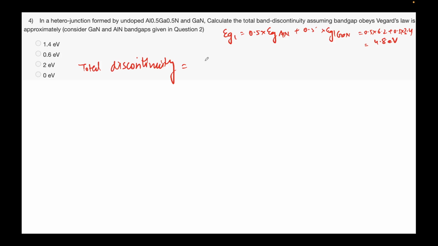It will simply be the difference between the band gaps of the two semiconductors. So in this case, it will be 4.8 eV minus 3.4 eV. That's 1.4 eV. Where do these discontinuities lie? That's what we'll talk about. For that, let's first try to see what their electron affinities are.